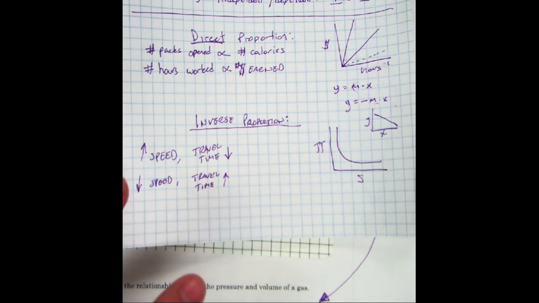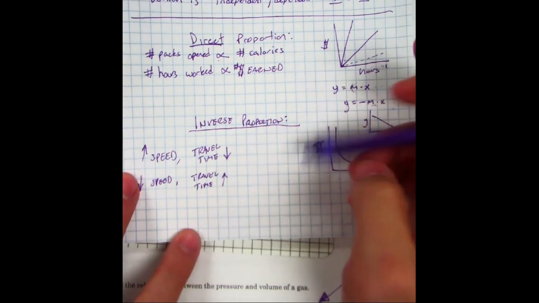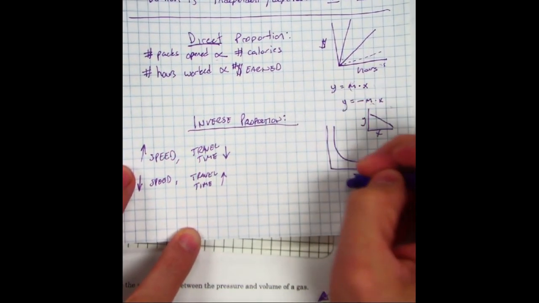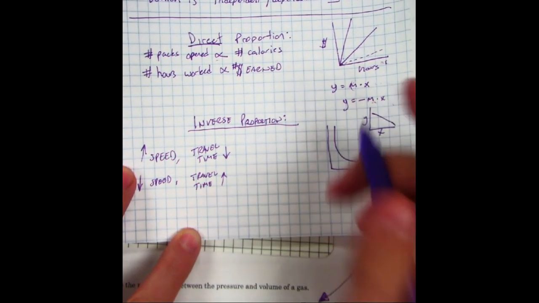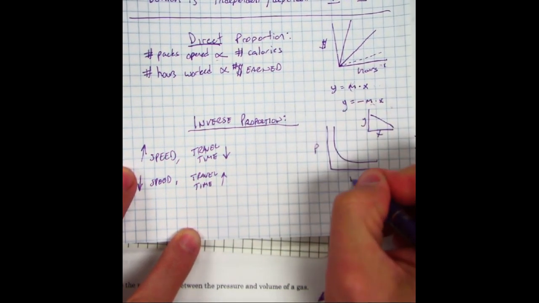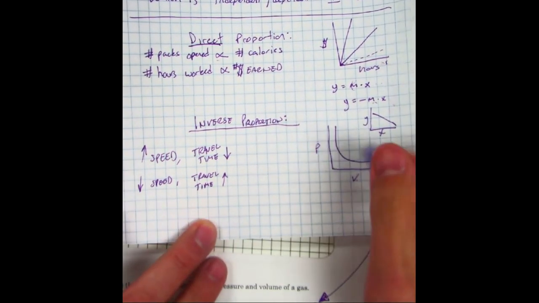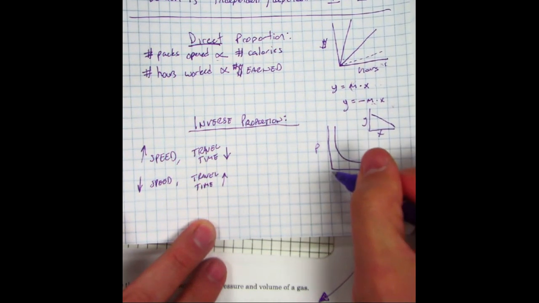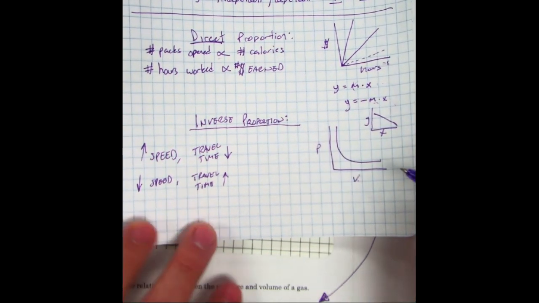All right, so back to the pressure versus volume stuff. If we change this to pressure and this to volume, that's just what we got. As we increase volume, pressure decreases. As we decrease volume, pressure increases.